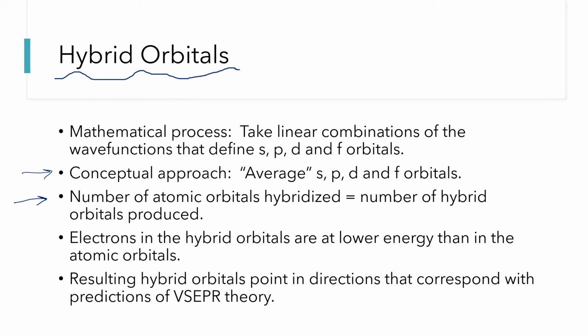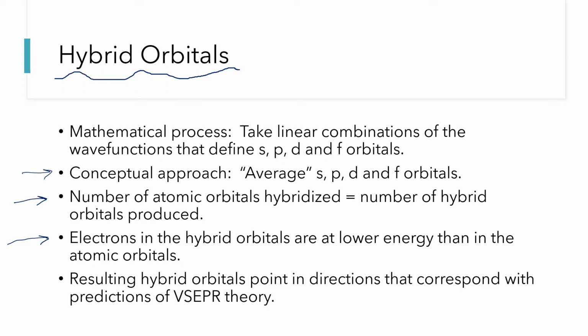And the reason that this works is because we're going to end up in a lower energy situation when we can place electrons into the hybrid orbitals that are at a lower energy than they are on their isolated atoms in their regular atomic orbitals. Then we're going to form a bond, right?